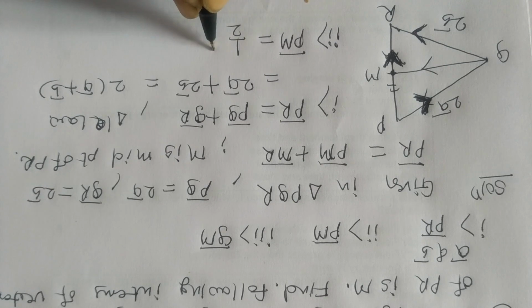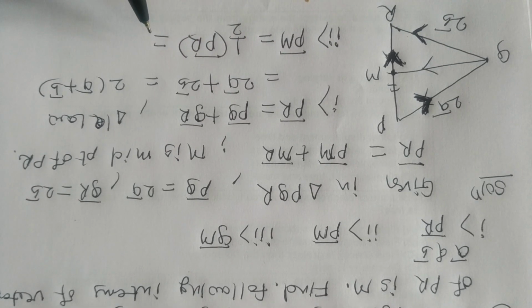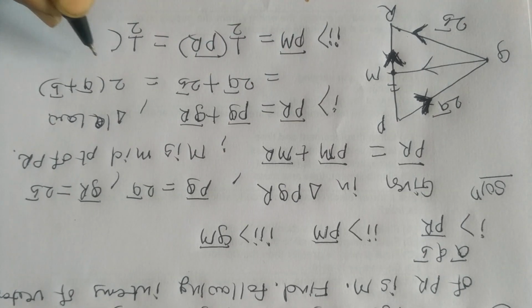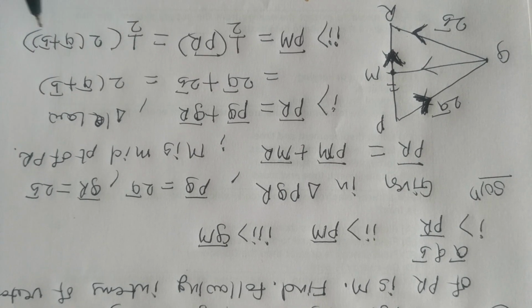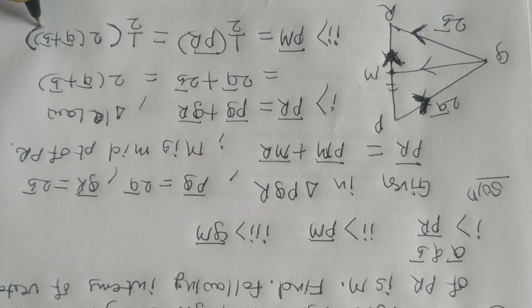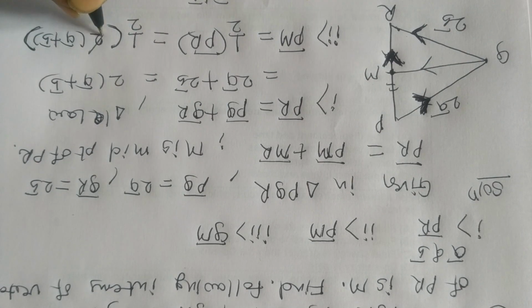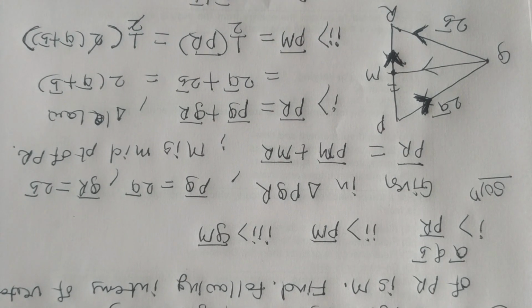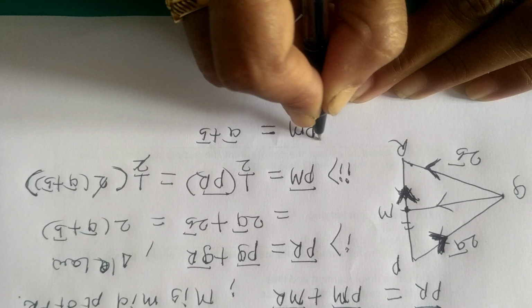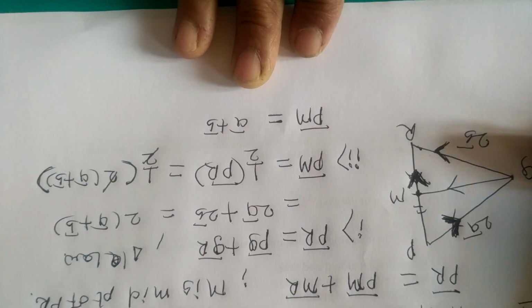Once we find the value of PR bar, which is 2 times A bar plus B bar, half of it, cancelling the 2, gives A bar plus B bar. Very easy question. The value of PM bar is equal to A bar plus B bar.